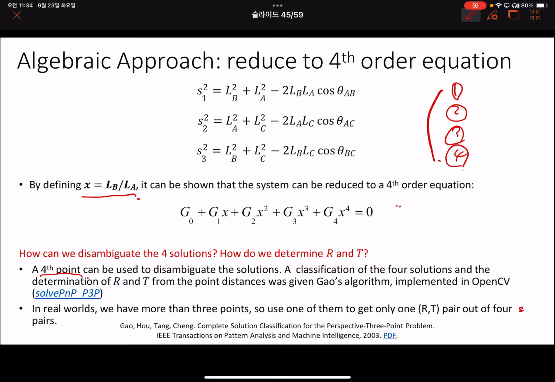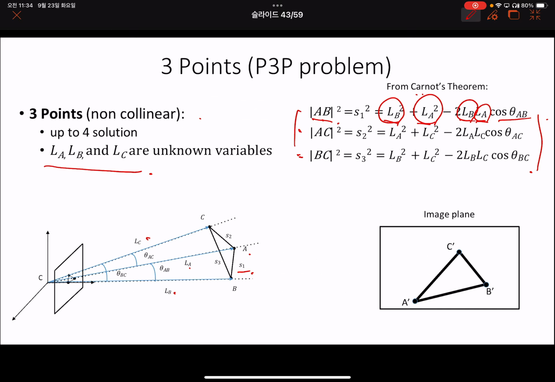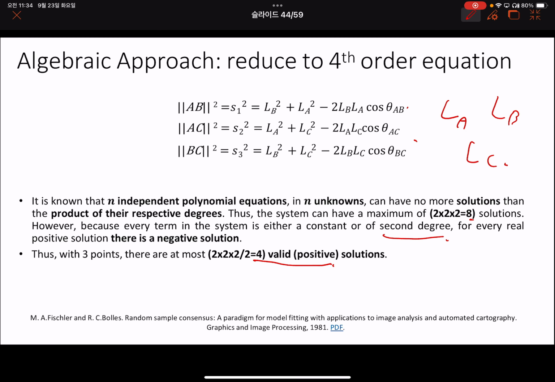And out of the 4 possible solutions, we introduce, so there are many complicated numbers. Let me clarify this. We have 3 points in both 2D and 3D. Then based on Carnot's theorem, we have 4 valid solutions, 4 candidates.